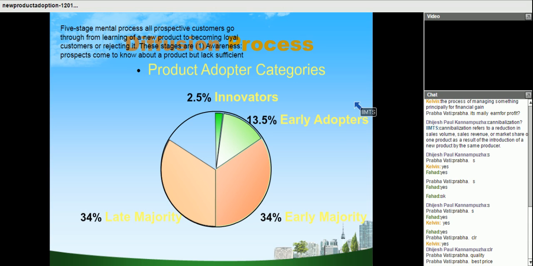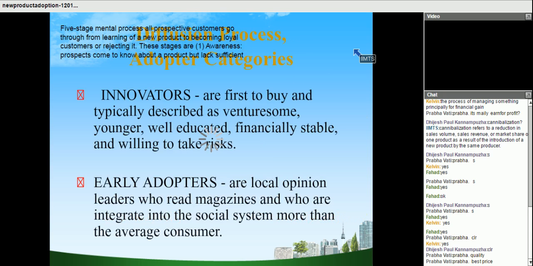Here the percentage of early adopters is 13.5%, percentage of innovators is 2.5%, and late majority and early majority is 34% and 34%.